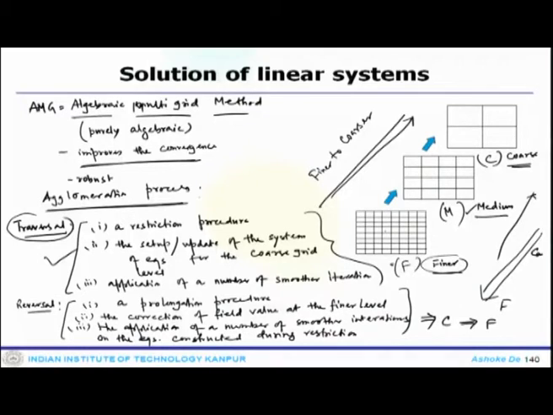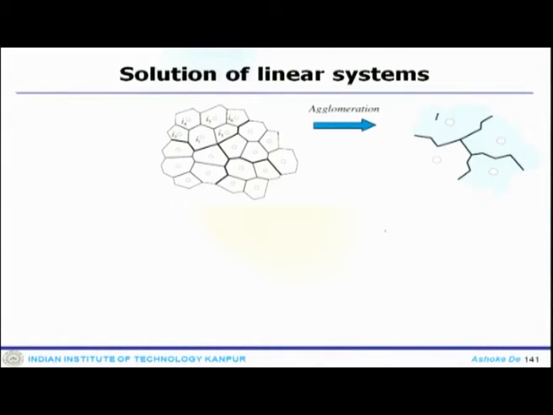Now, what one needs to do, it's essentially one has to do some agglomeration. So, this is called agglomeration or coarsening of the grid. So, that means this is my final level of grid F, which stands for finer. So, I am doing the coarsening level.